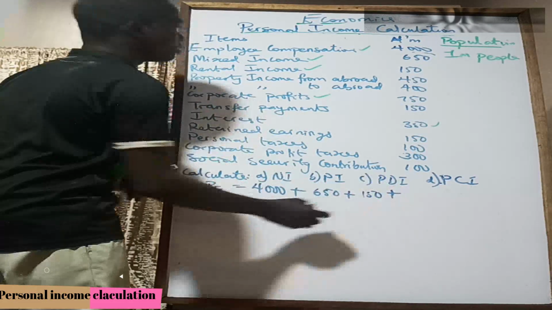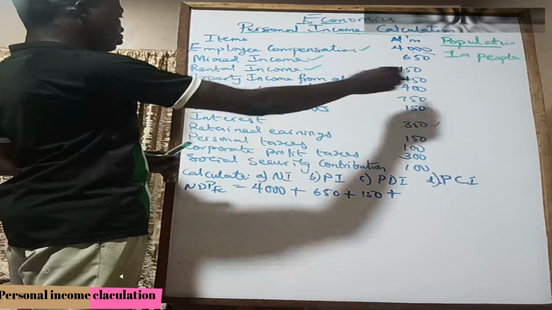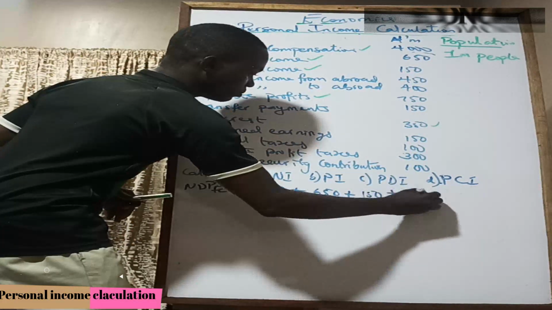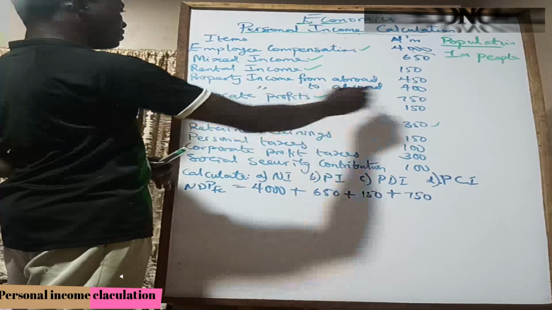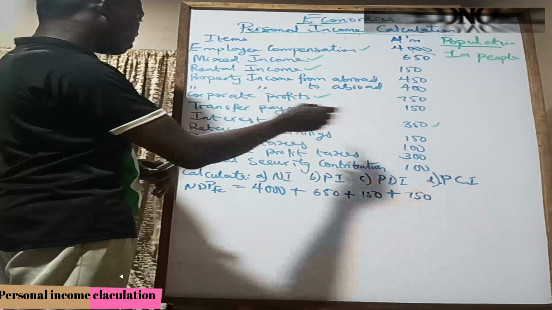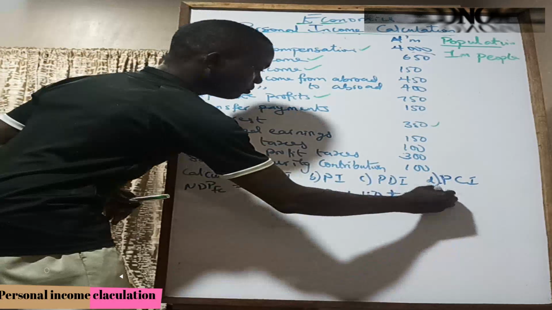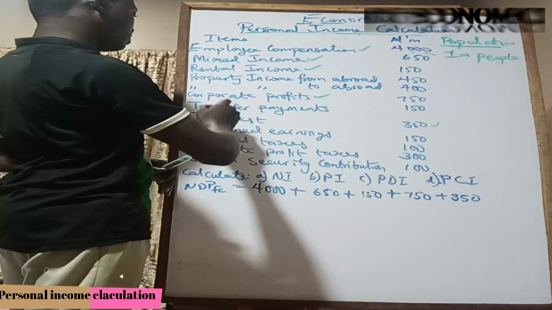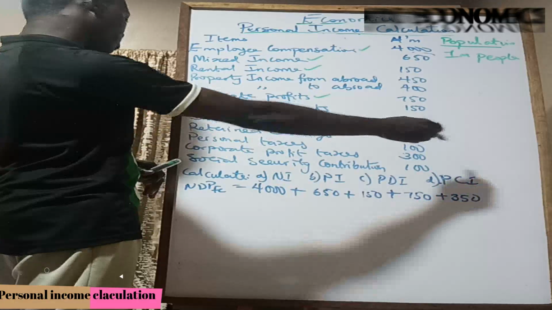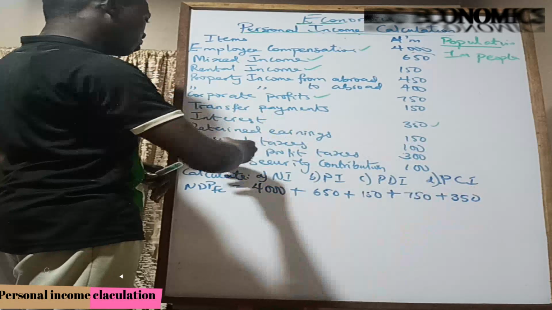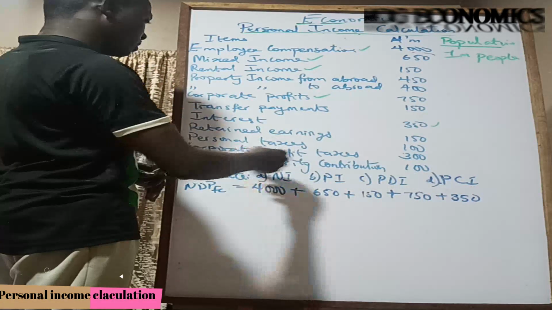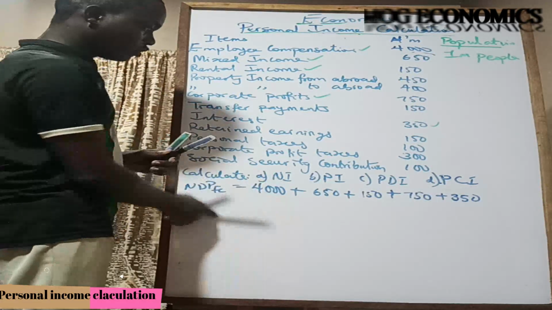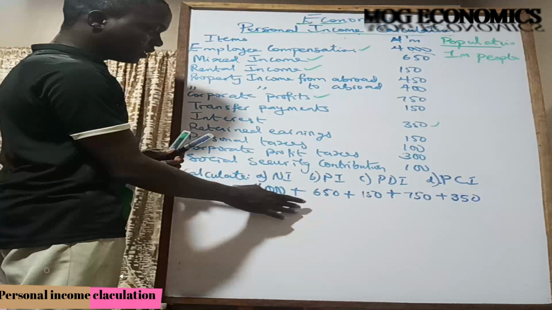Corporate profit is 750. Transfer payment is not needed. Interest is 350. Retained earnings, no. Personal taxes, no. Corporate profit tax, none of our business. Social security, okay, we're done.